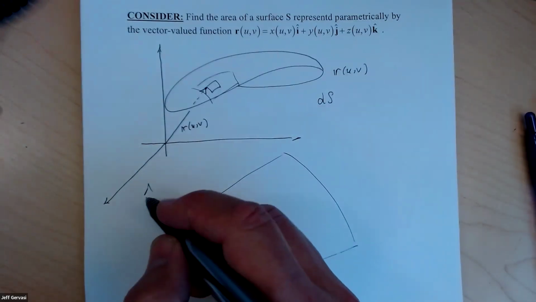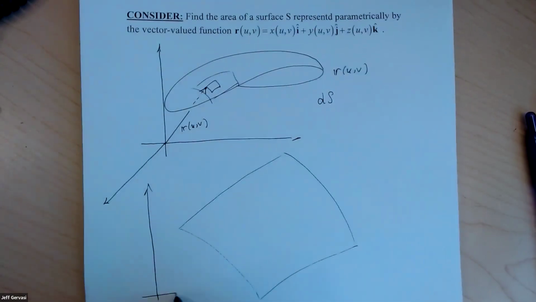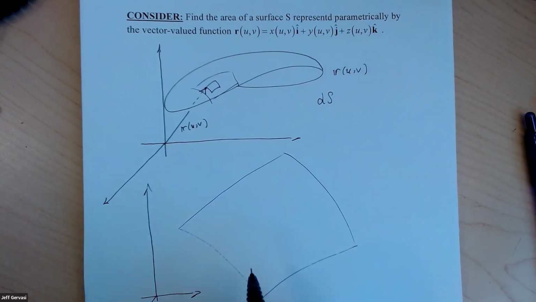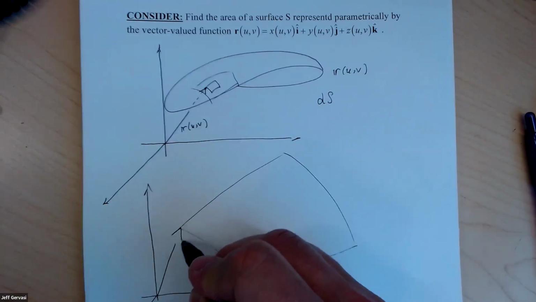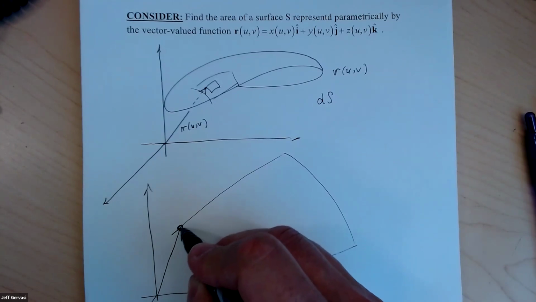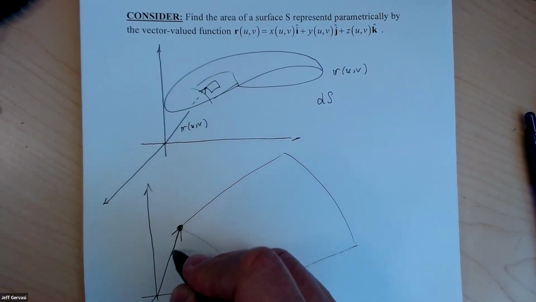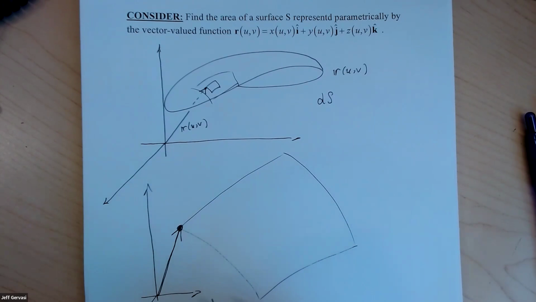I'll put the x, y, z coordinate axes on there just for perspective. We'll say that this is our patch, and let's call this corner right here R of u and v.